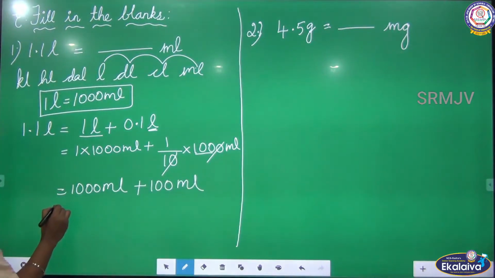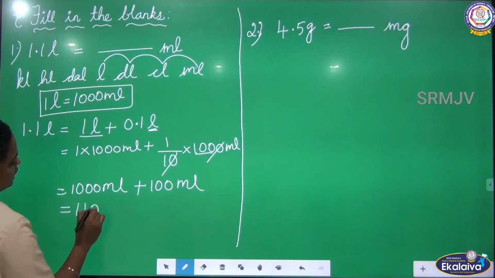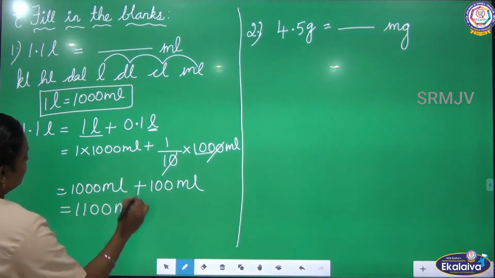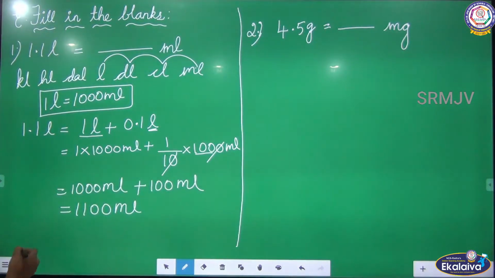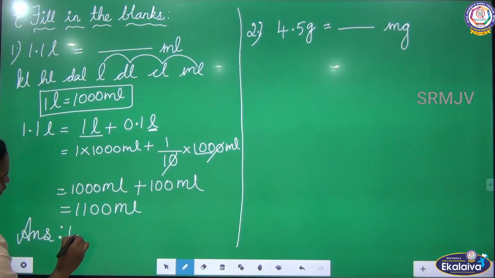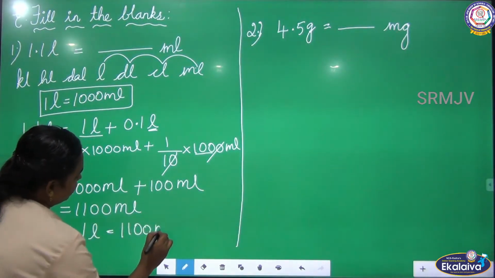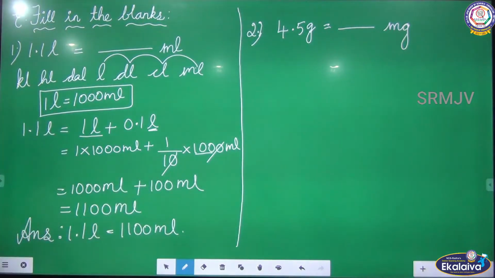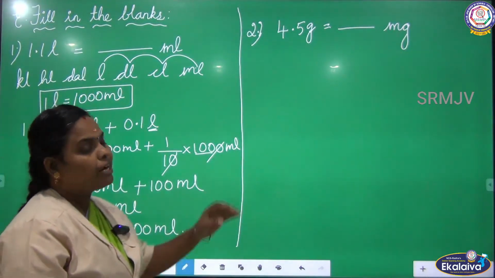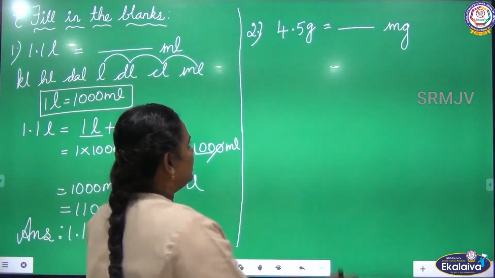So 1000 plus 100, 1100 milliliter. So what is the answer? 1.1 liter equals 1100 milliliter.